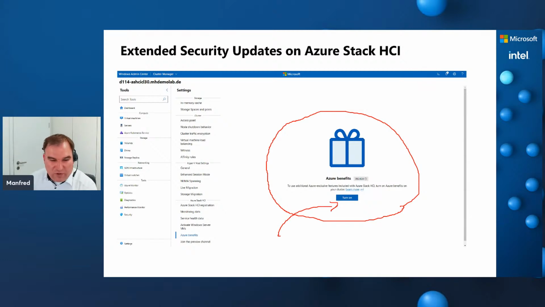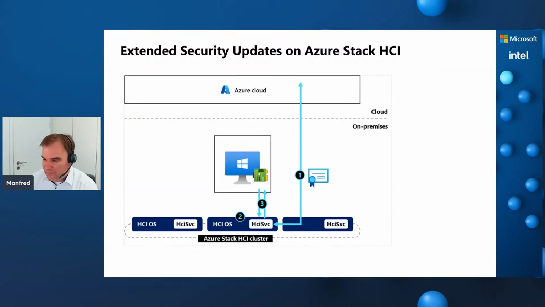And when we turn on the Azure benefits, we have the hyperconverged infrastructure service on our nodes that receives a certificate from Azure, because you have somehow to ensure that your workload really runs on Azure Stack HCI and not on a different platform where you maybe think it's Azure Stack HCI or something else.